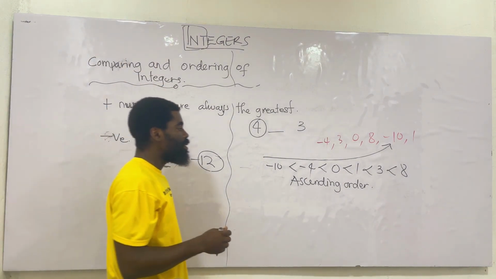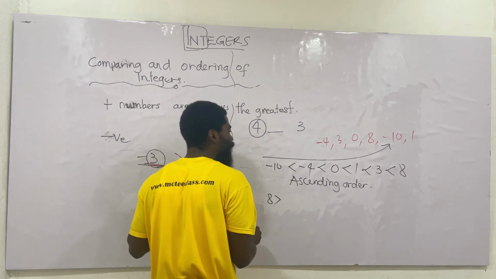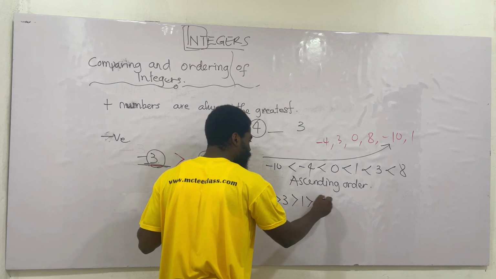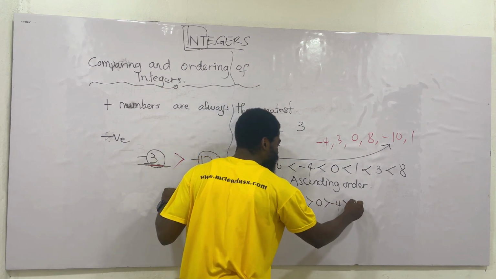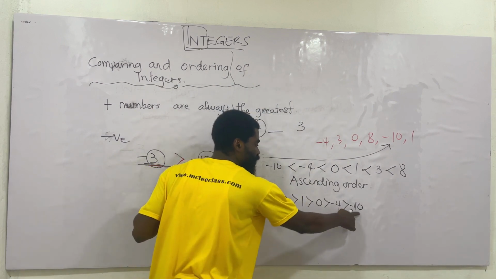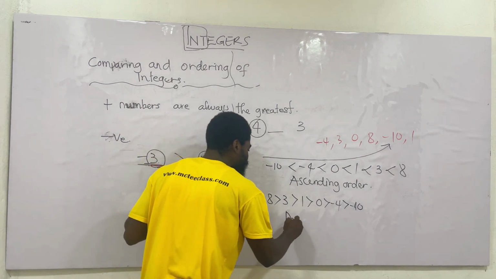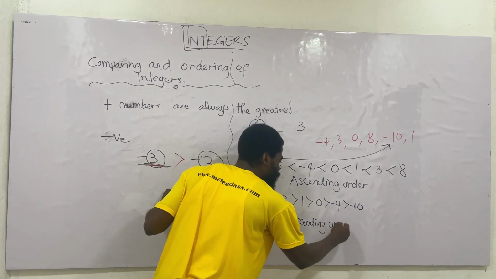But in the descending order, from the highest to the smallest, we'll say 8 is greater than 3, which is also greater than 1, greater than 0, greater than -4, and greater than -10. If you're reading from this angle, it's the same thing, in that order. So this is the descending order of magnitude. Take note of that.